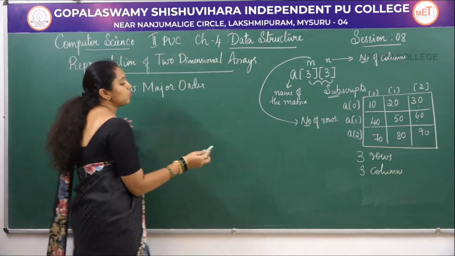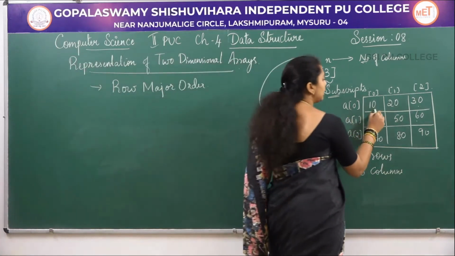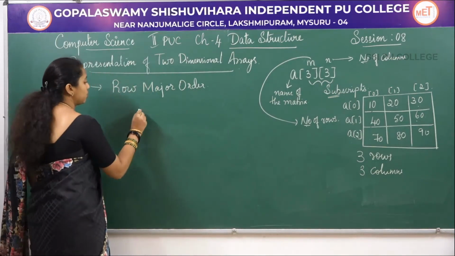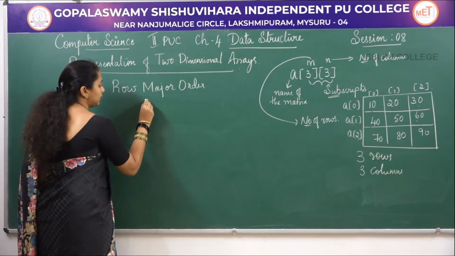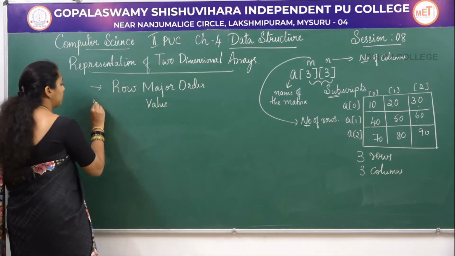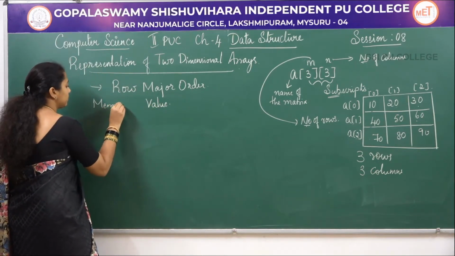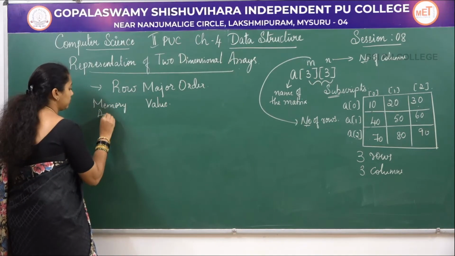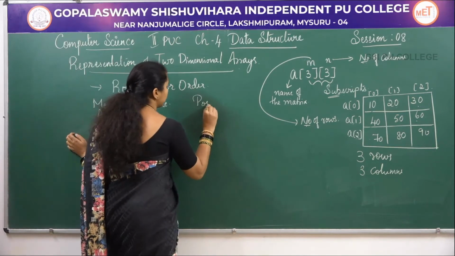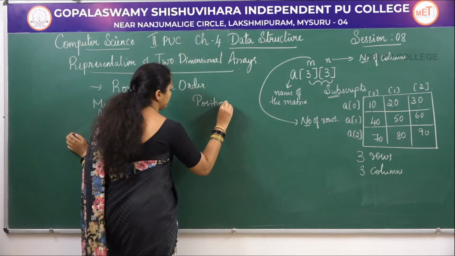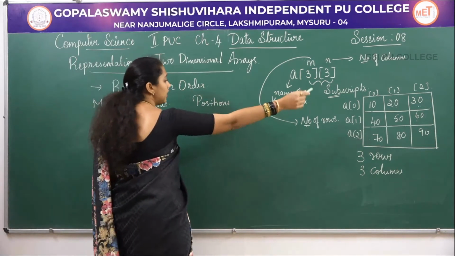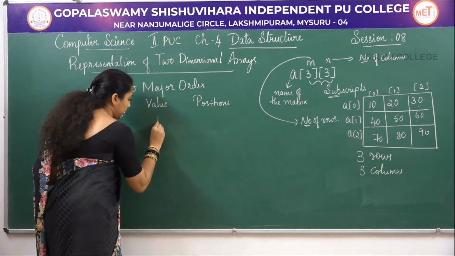What are the first row elements? The first row elements are 10, 20 and 30. So I am going to store these values, the memory addresses, and then the positions.